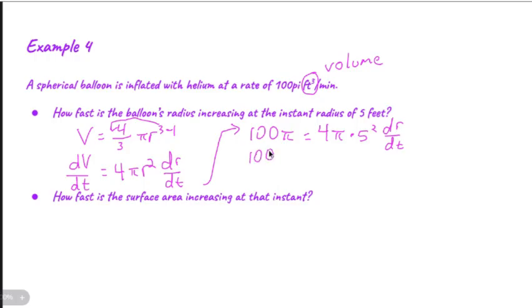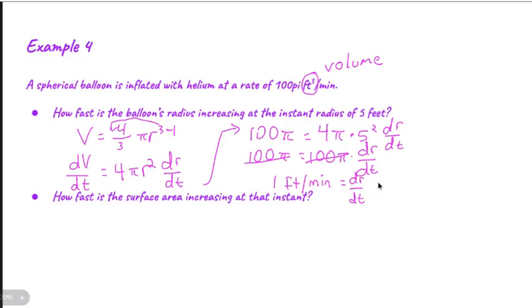So we have 100 pi equals 100 pi times dr/dt. Well, we can tell at this point dr/dt would be 1. If you don't believe me, divide 100 pi by 100 pi, and you get 1 foot per minute is our dr/dt.